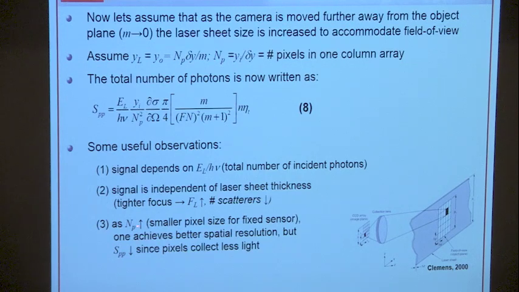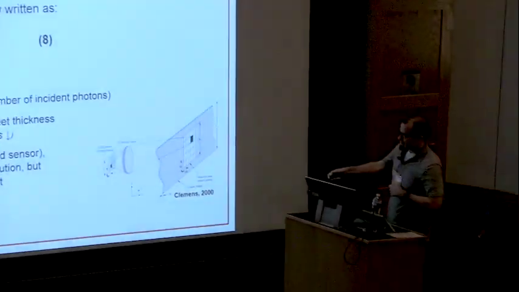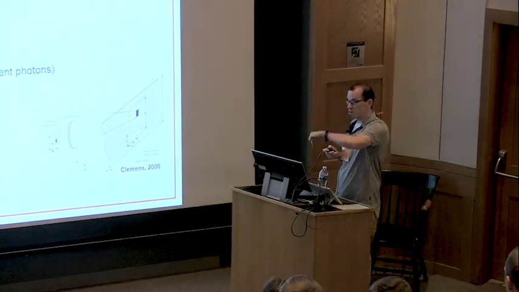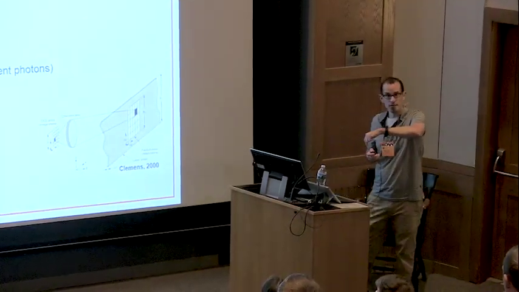So as NP goes up, right, as the number of pixels goes up, what that's really saying is that we have a smaller pixel size for a fixed sensor, so we get better spatial resolution. So imagine I have a sensor that's 1 centimeter squared. As I add NP, that means that each pixel has to get smaller, right? I have to fit more pixels. That means that with each one, I'm potentially getting better resolution on my measurement. But the signal per pixel is going to go down as each one is going to collect less light.